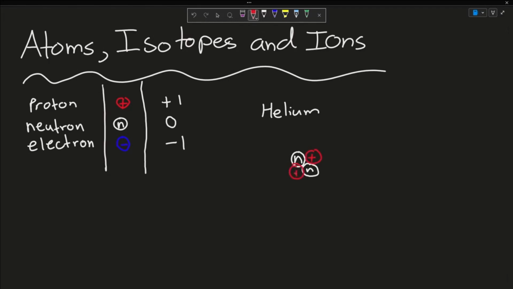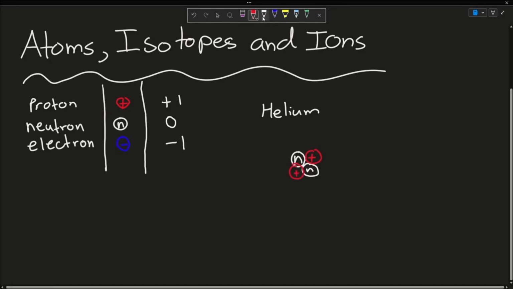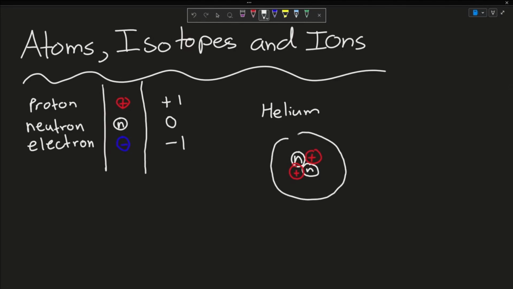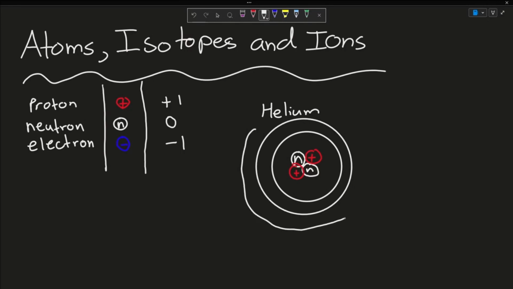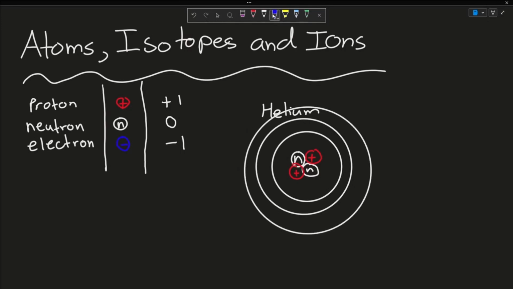Now, in an atom, electrons surround the nucleus in distinct energy levels, which we represent as these white circles. Excuse me if they're not super great. And I'll draw a third one. Now, helium only has 2 electrons, and they both exist in this first energy level.